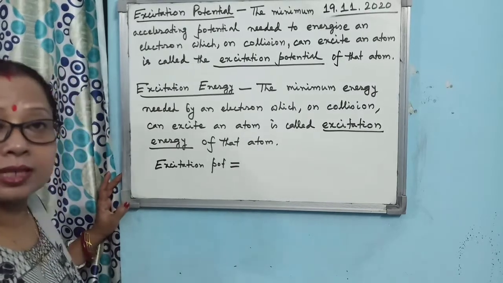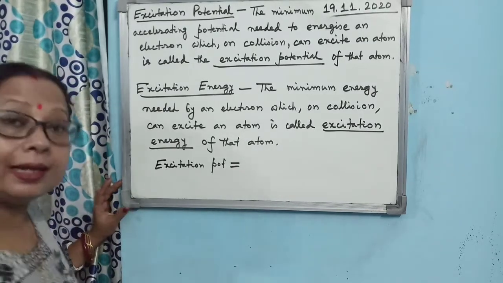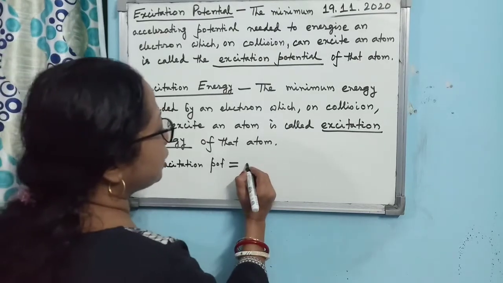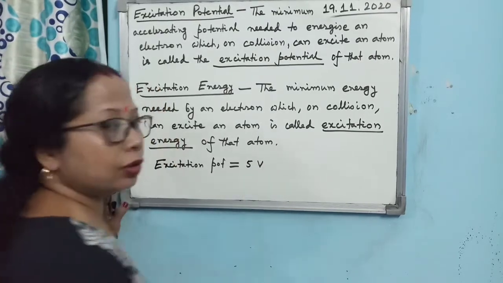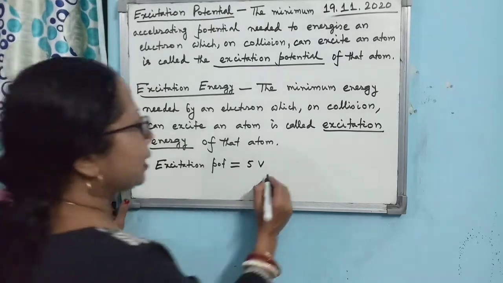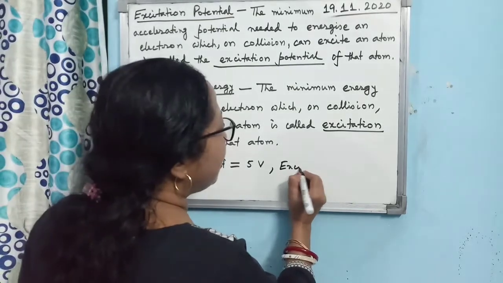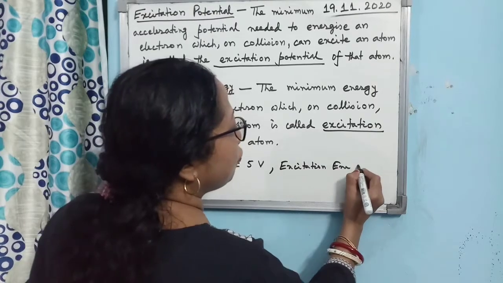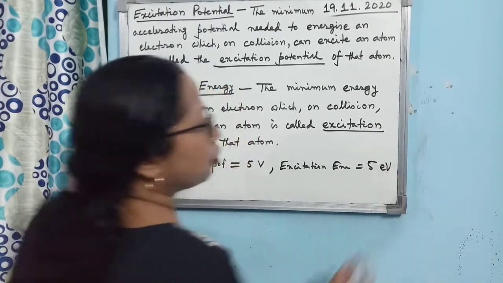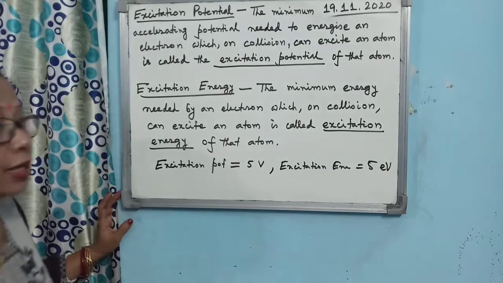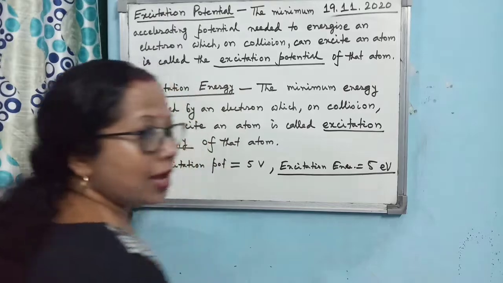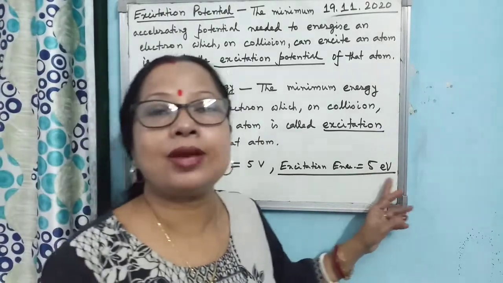Here you must understand and apply this concept. I am just giving an example; this is the easy way you can handle any numerical in less time. Suppose the excitation potential is given as 5 volt. In that case, what will be the excitation energy? The excitation energy will be 5 electron volt. You have understood? In the same manner, suppose the excitation energy is given as 7 electron volt.